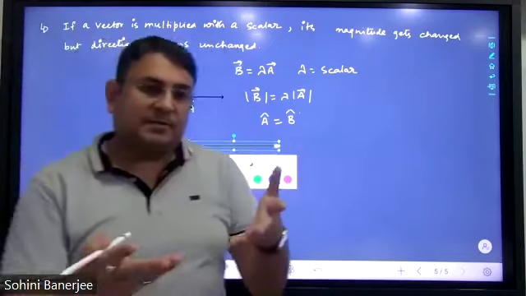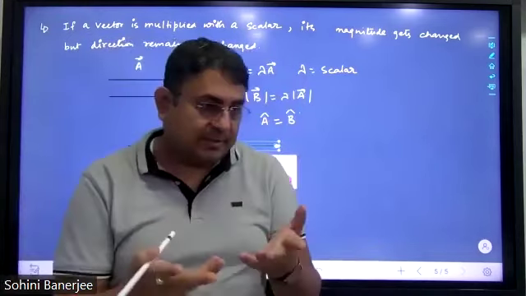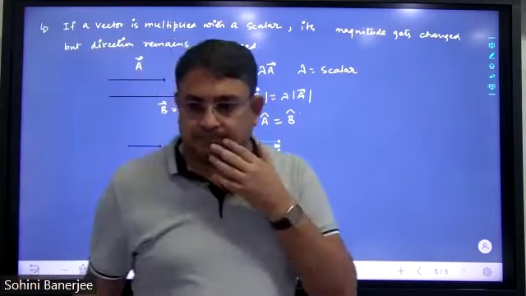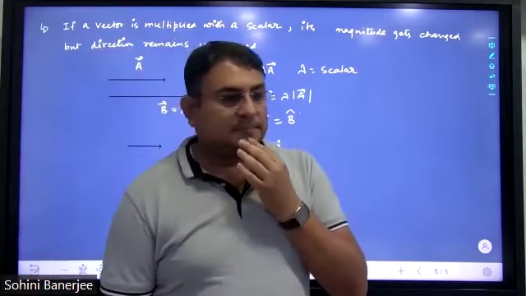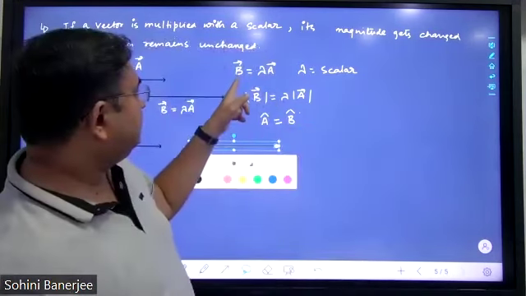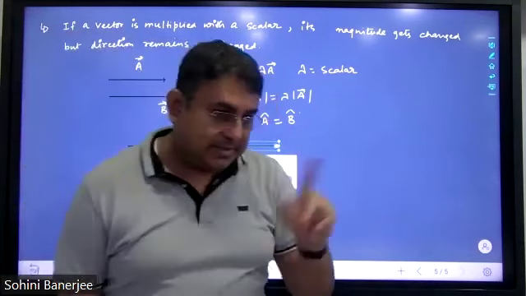And how to prove that the vectors are parallel, that the vectors are collinear? One vector is a scalar multiple of another vector. If you get one vector as a scalar multiple of the other, their direction is not changing.